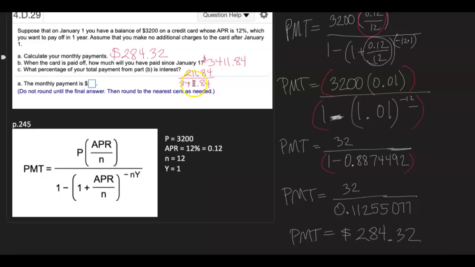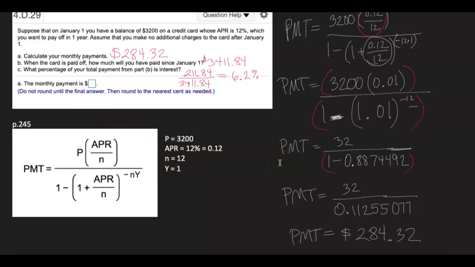And then express that as a percent. I believe in the instruction it'll say round to the nearest tenth. So as a percent, that should be 6.2%. So remember, your calculator is going to give you a decimal. Change that to a percent.